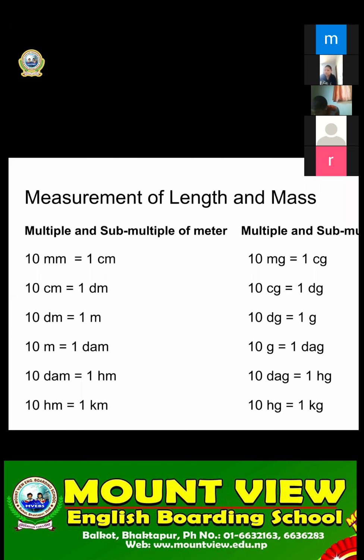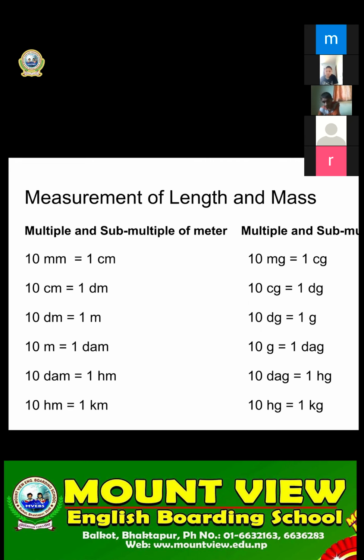And if you go above, mm stands for millimeter, cm for centimeter, dm for decimeter. They are the sub multiples of meter. Millimeter, centimeter, decimeter are smaller units than the meter, and decameter, hectometer, and kilometer are the bigger units. Smaller units are called submultiples, and bigger units are called multiples.